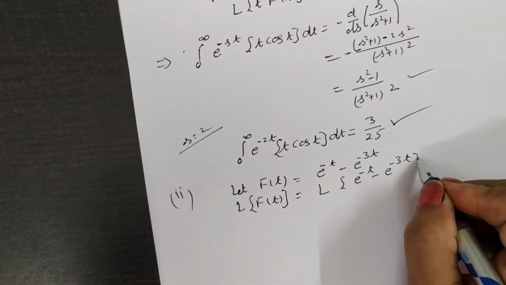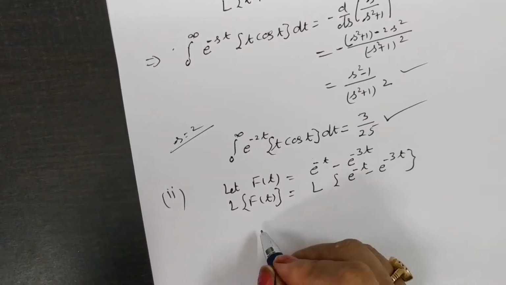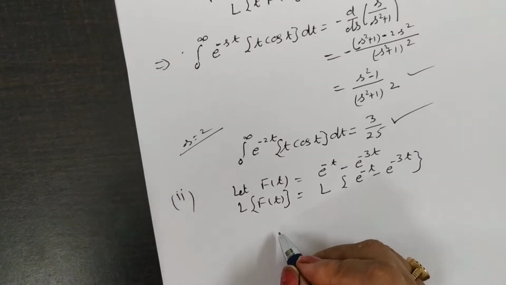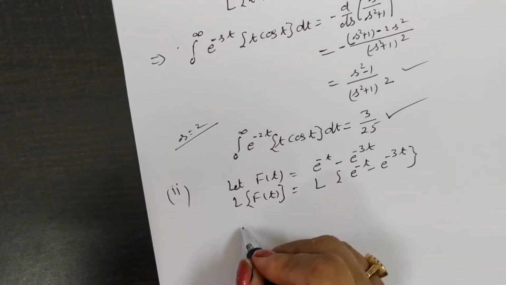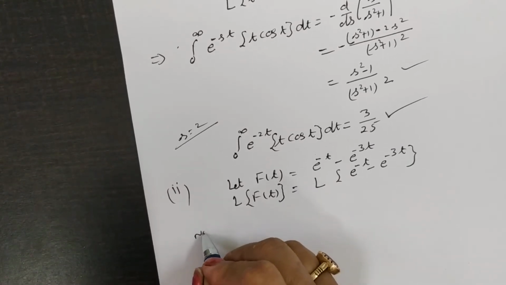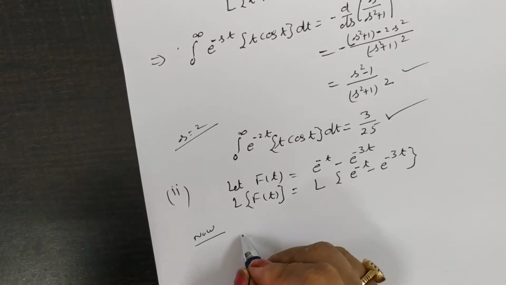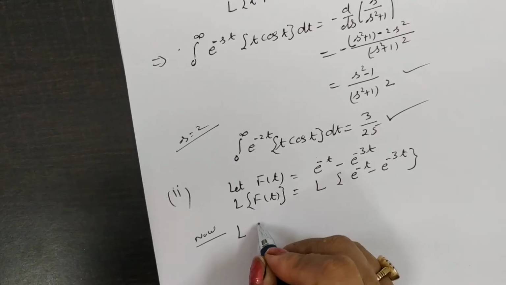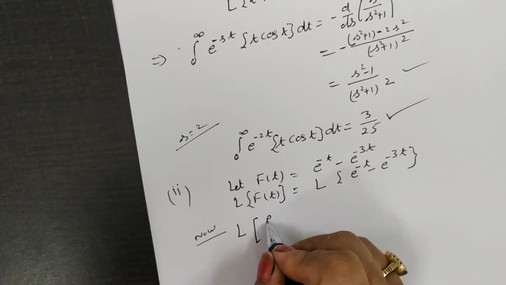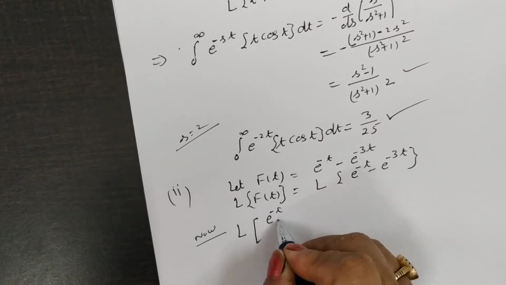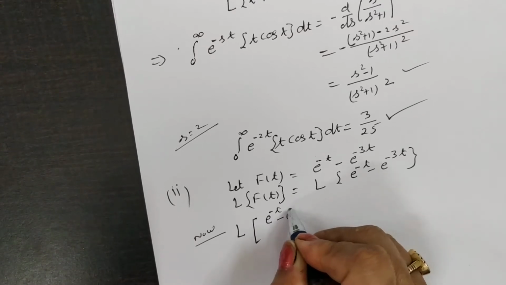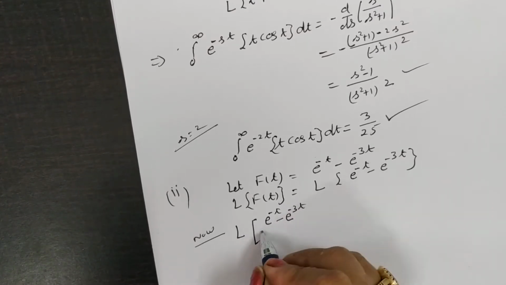Clear? Now the question is f(t) by t, that is the Laplace of e to the power minus t minus e to the power minus 3t, divided by t.